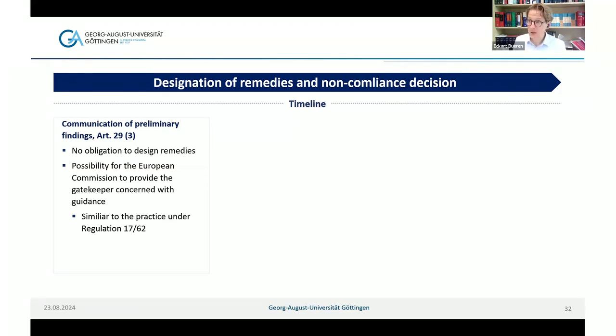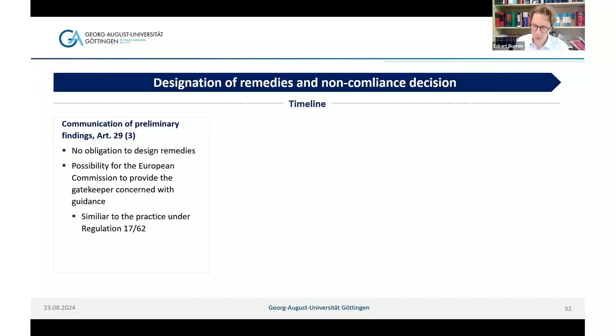However, the European Commission could, before taking a decision, address the undertaking concerned with recommendations for the termination of the infringement. And this is actually quite similar to what Article 29, subsection 3 does now. And the gatekeeper will have strong incentives to follow these recommendations because he wants to avoid a fine, basically. So here again, the rationale applies that I've presented before.